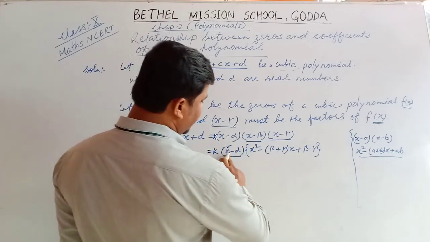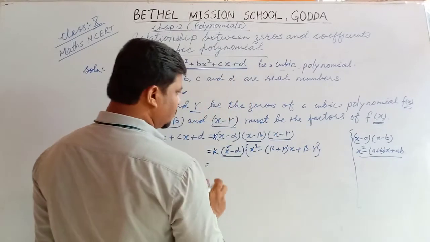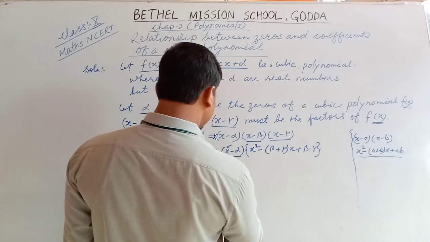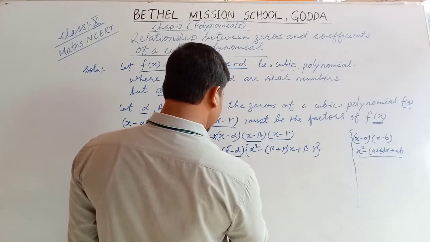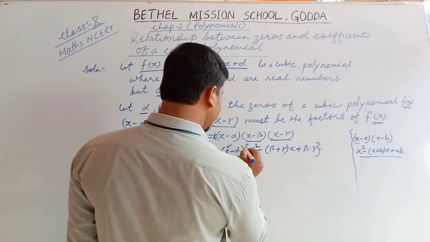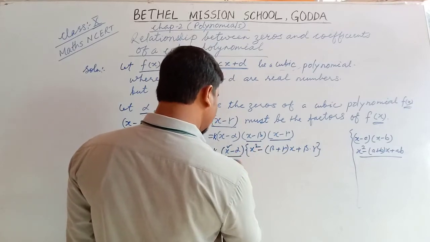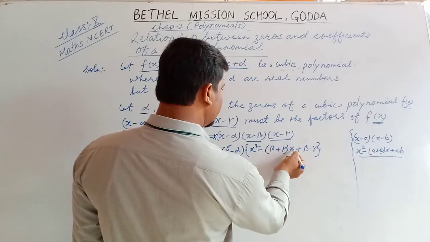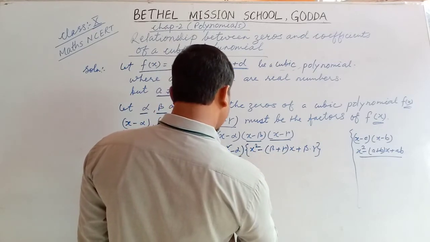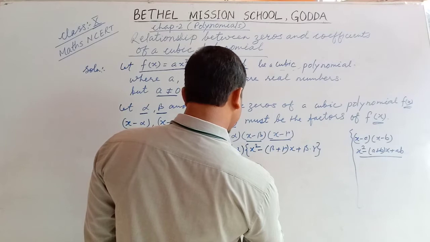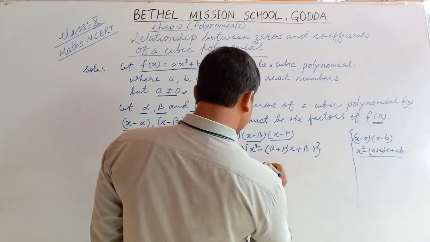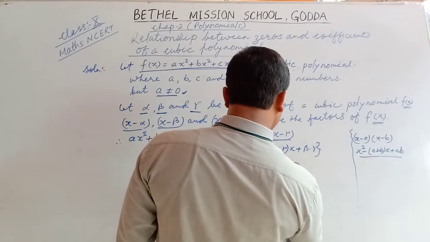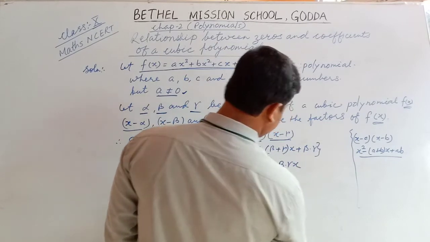When you multiply these three terms by x, you get k into x cube minus beta plus gamma x square, plus beta gamma x.